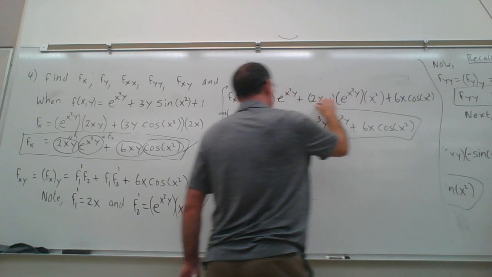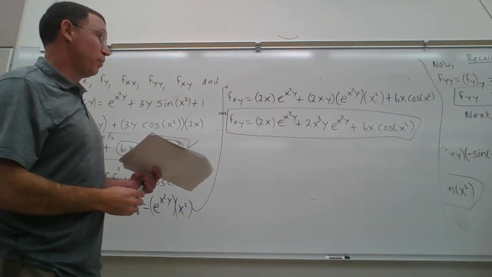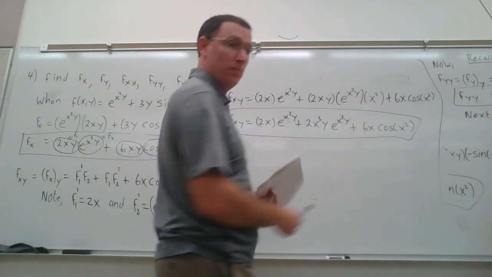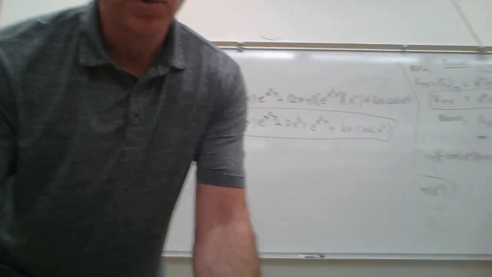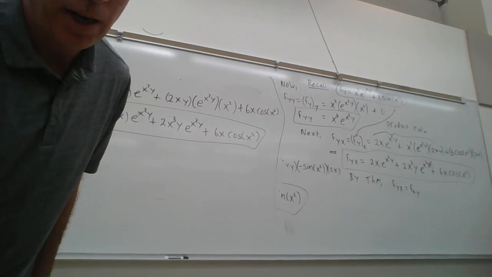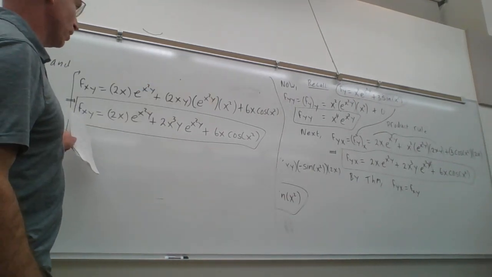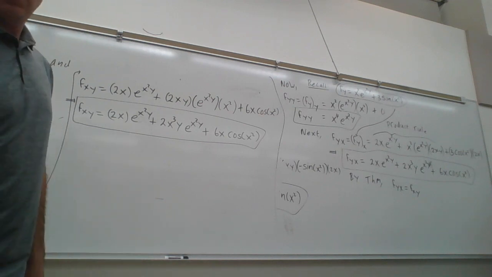So answer there. And if you compare that with fyx, you can see they're the same. So if you scroll over here, you can see this one. If you compare with the fyx, it's the same as fxy, as it should be. So we're done.